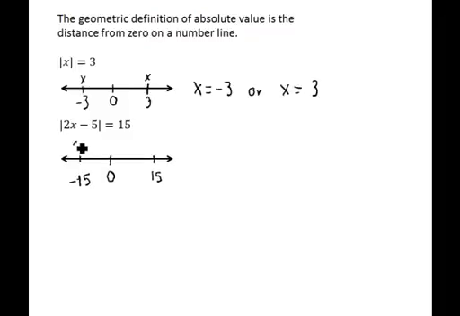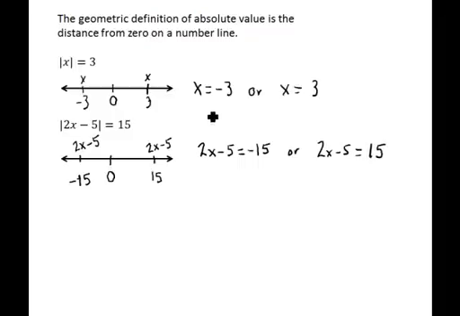And this expression, if we think of it as a thing, could be down here on the number line, or over here above the 15. What that means is we can now write that 2x minus 5 could equal negative 15, or 2x minus 5 could equal positive 15.